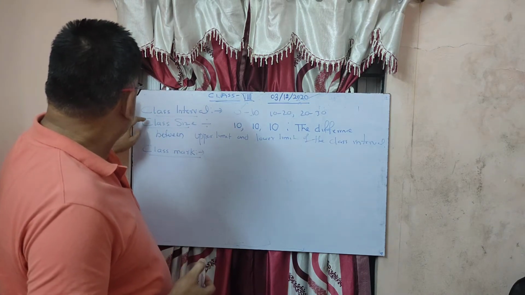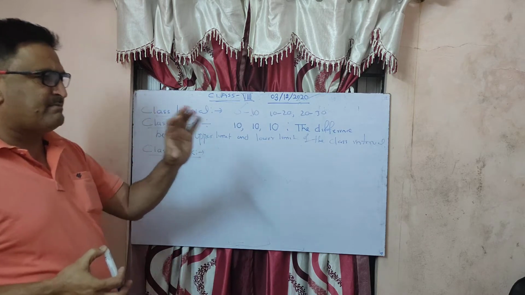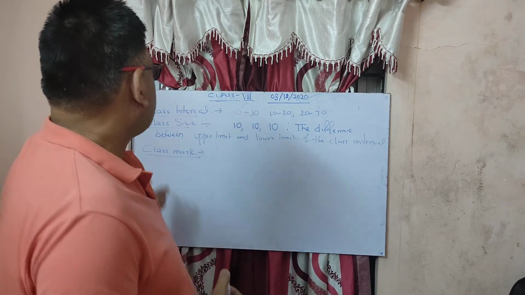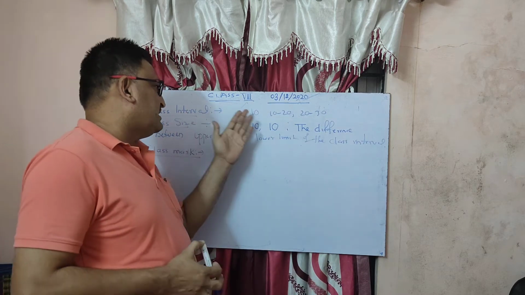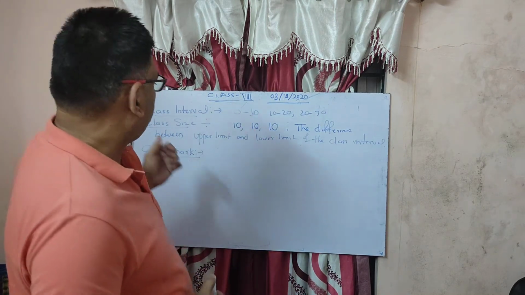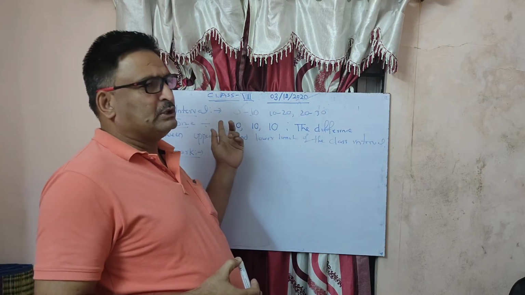All these are connected in some or other way. Now class interval is having only two numbers, that is lower limit and upper limit, whereas class size is upper limit minus lower limit.